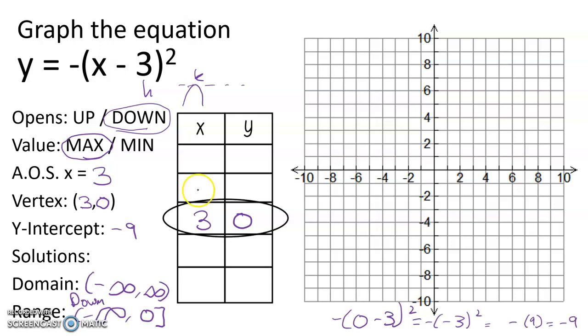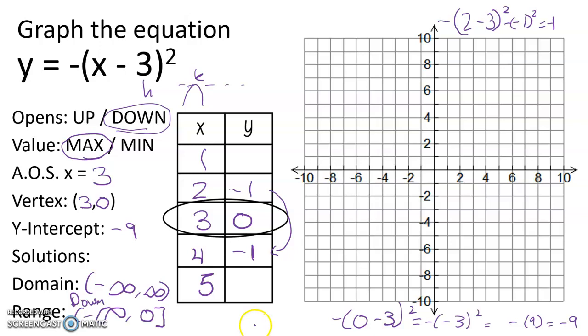So now let's go ahead and graph, or fill out the table. So 2 and 1, 4 and 5. Plug in 2 for x. 2 minus 3 gives me -1 squared, which is 1, but with the negative out front, turns into -1. So the 2 is going to be -1. The 4 is going to be -1.